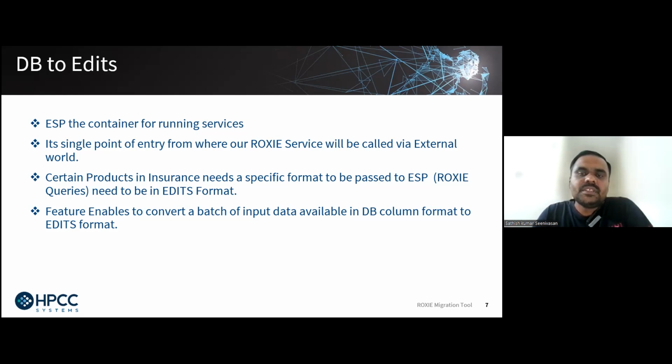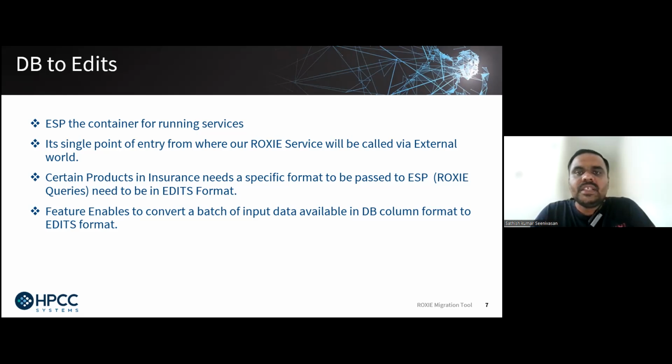The first step is we are reading that edit format input from the outside world. The next step is we are finding that ROXIE service based on our input details. Then we are converting that edit format input into XML format. Then we are passing that XML into the corresponding ROXIE service.